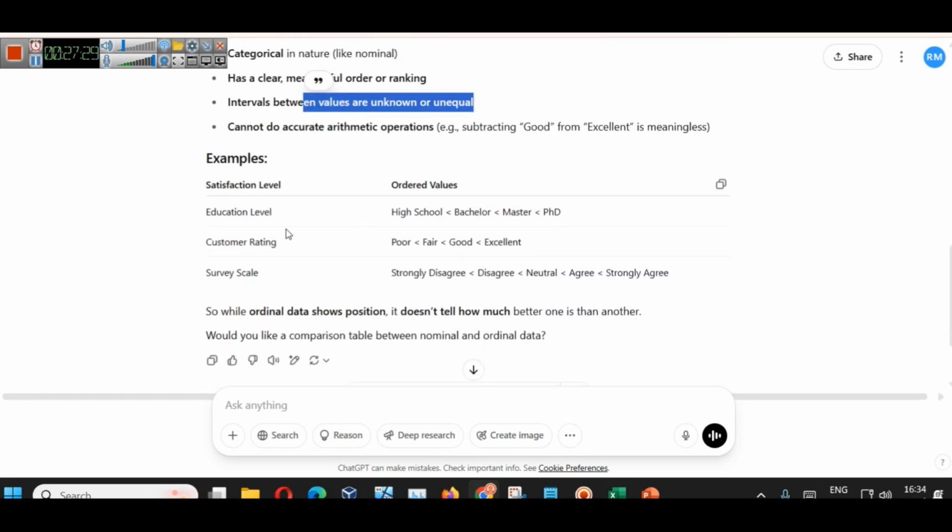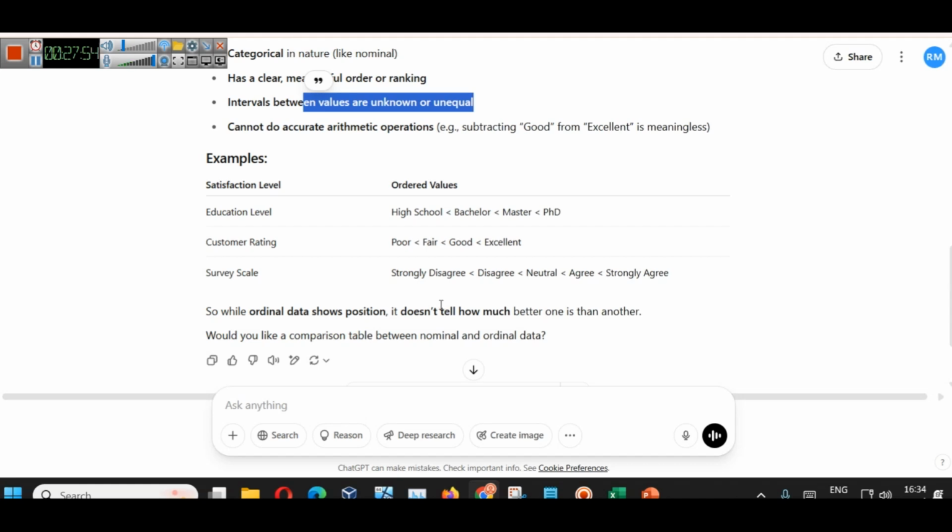Education level, like I said, customer rating, you go there and give a customer rating: poor, fair, good, excellent. In surveys, sometimes you are asked like this, right? I strongly disagree with this, I disagree with this, I am neutral about it, I agree, I strongly agree. So ordinal data shows position, it doesn't tell you how much. So what is the difference?